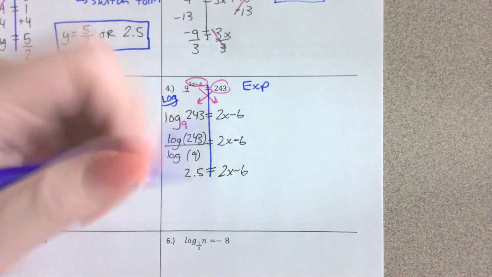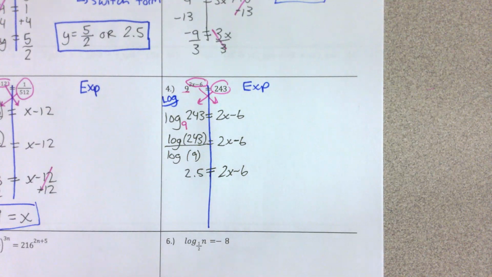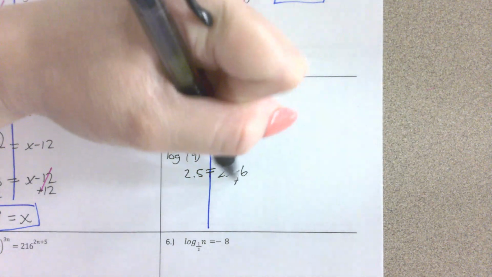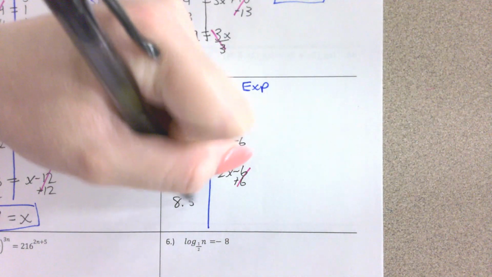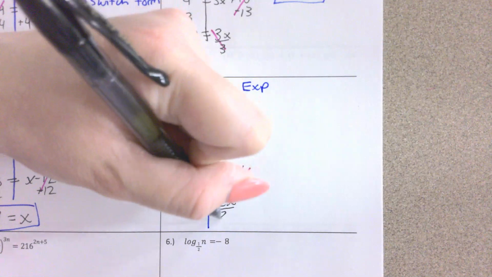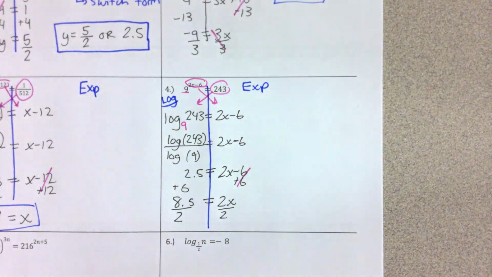And then I've only got 2 more steps to get my answer. Add 6 to both sides. 8.5 equals 2x divided by 2.